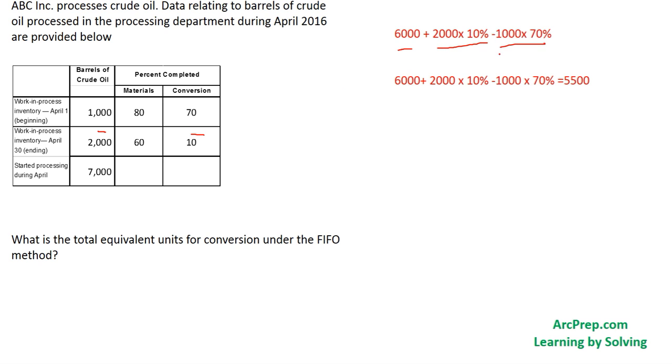Minus, under FIFO, we need to take the beginning work in process inventory. And 10,000 units were 70% complete, and that means 700 units were 100% complete.